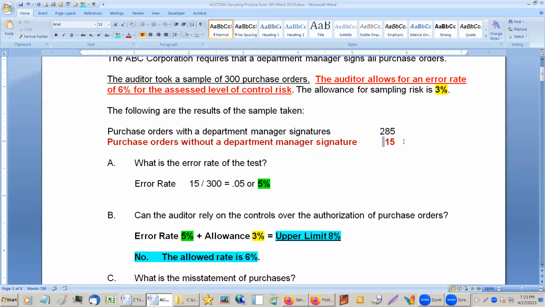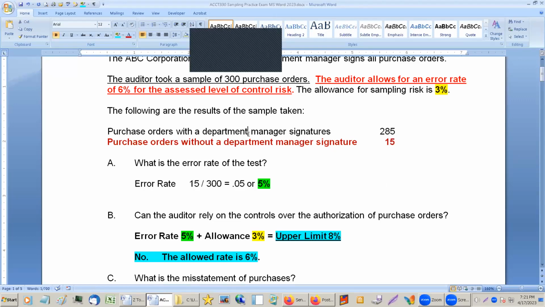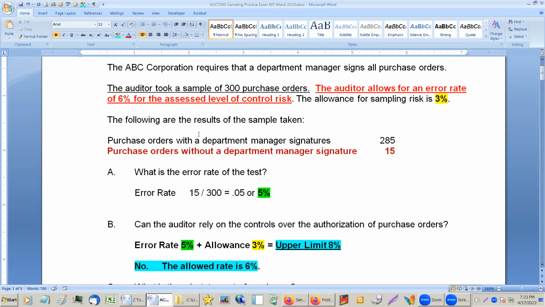Now, here's a weird thing about internal controls though. Okay, so we say that we can't rely on the internal controls. Does that necessarily mean the financial statements are misstated? We found 15 purchase orders without the correct signatures. Does that mean that the financial statements are misstated?